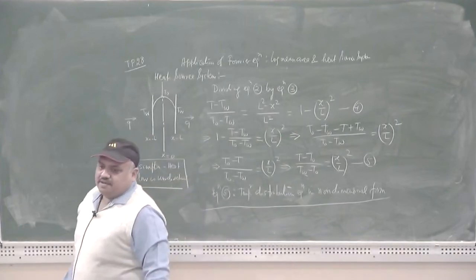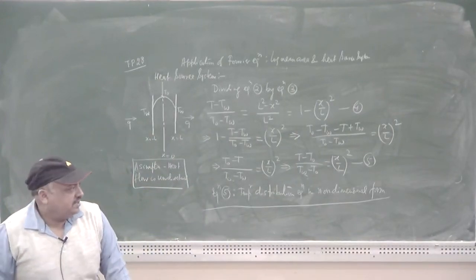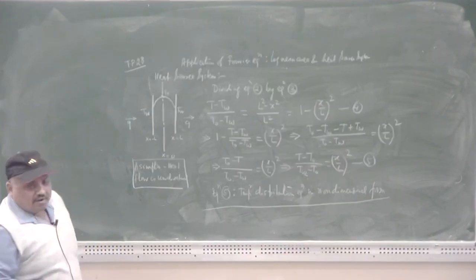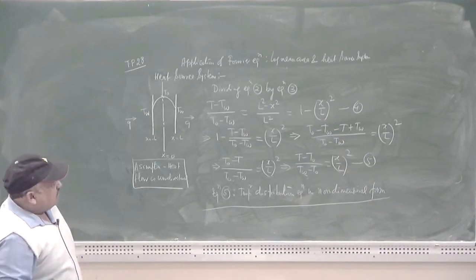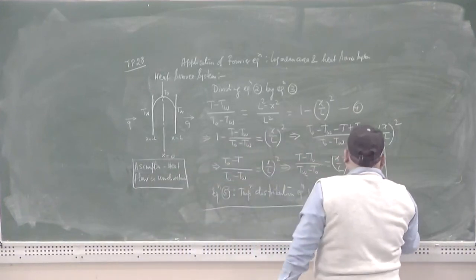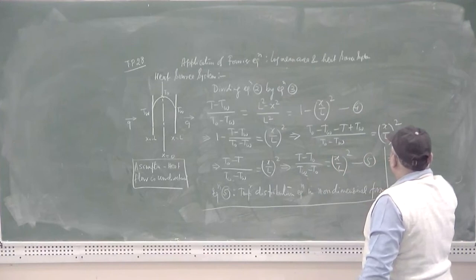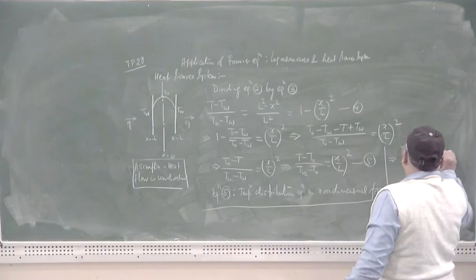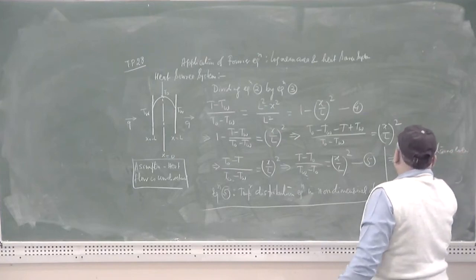So, this is the equation of the temperature distribution in both the cases, in both the forms, dimensionless as well as dimensional form. Now, visiting this equation number 5, the equation contains even power of x.